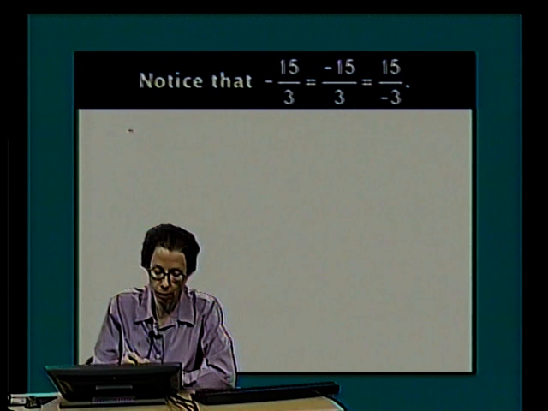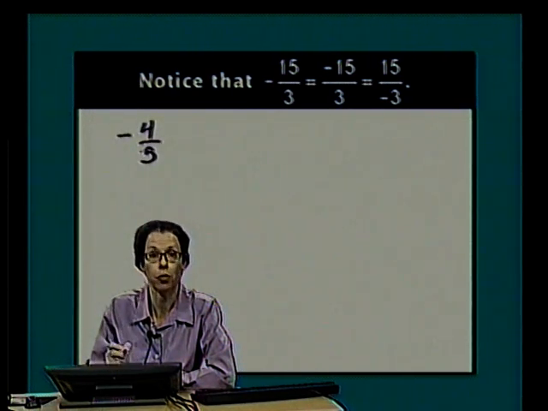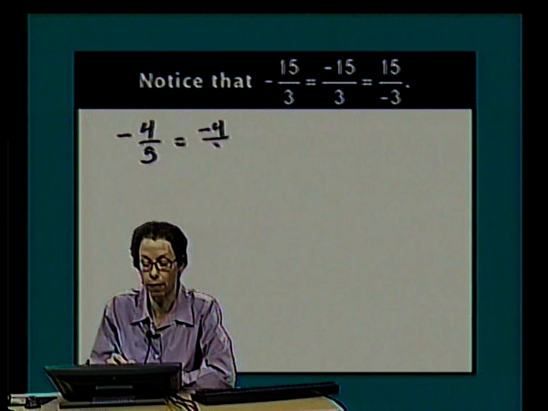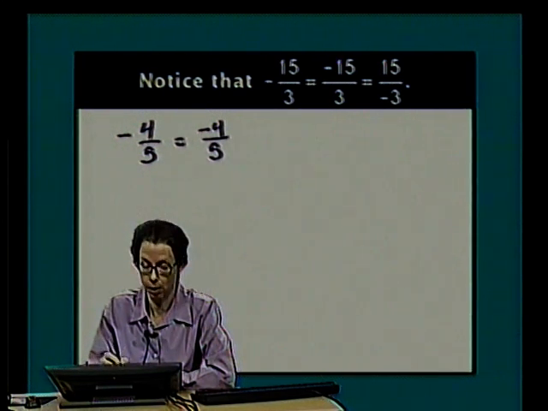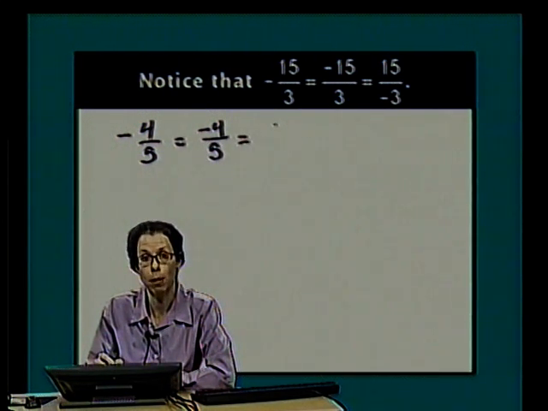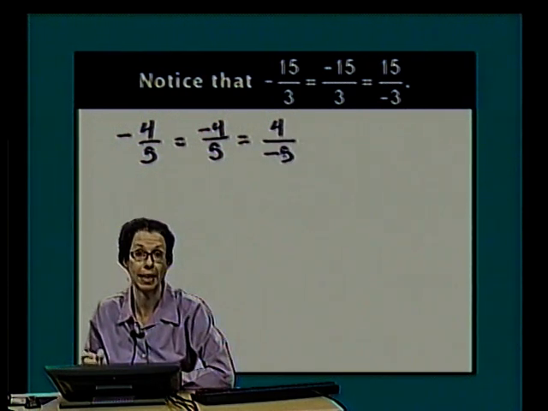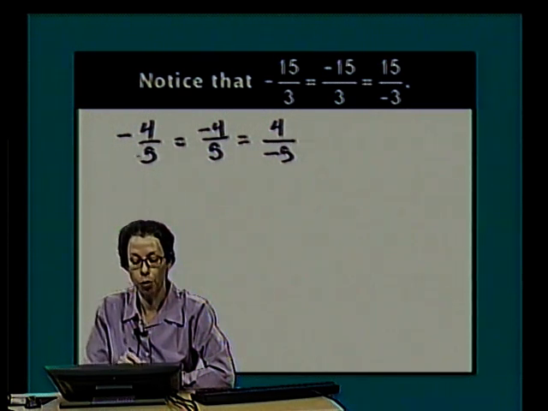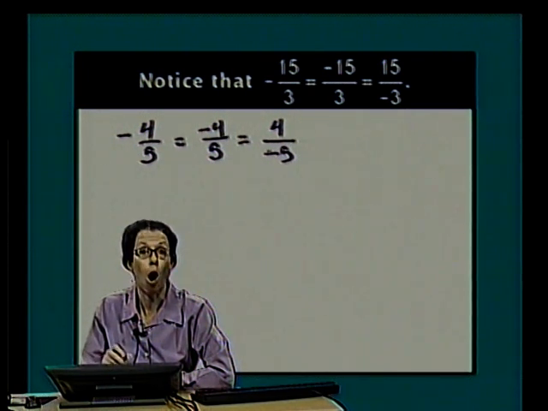For example, later on in algebra, we'll see a fraction like -4/5. And in some situations, we'll want to interpret this as -4 divided by +5. And in other situations, we may want to interpret this as +4 divided by -5. So we'd like to be able to recognize that all 3 of these are equivalent.